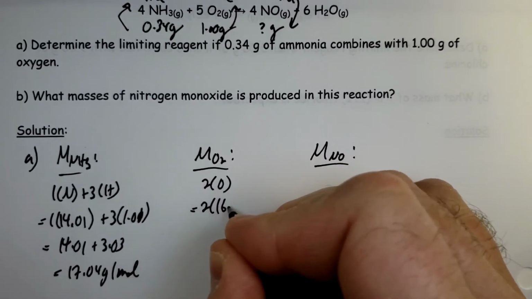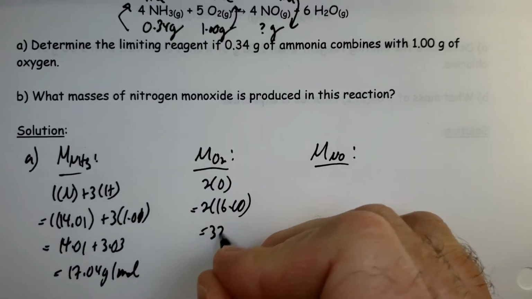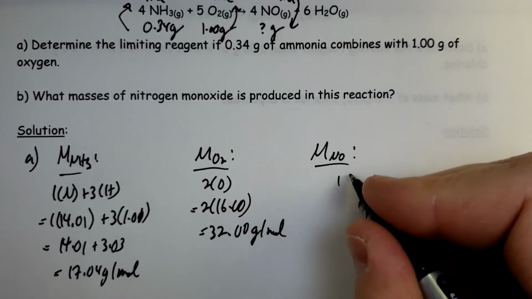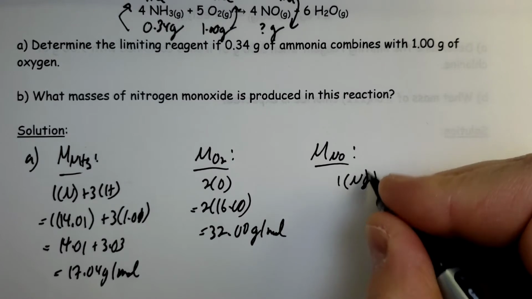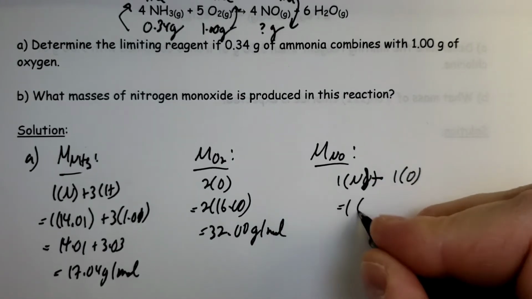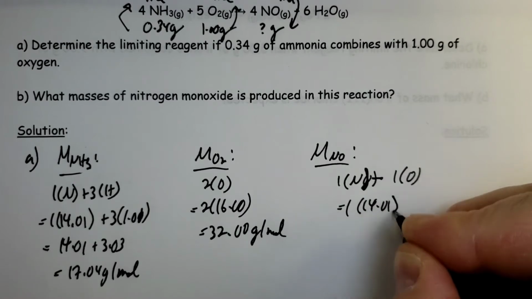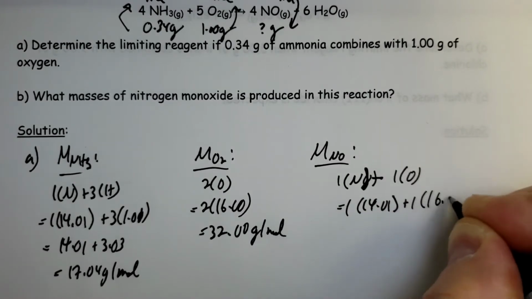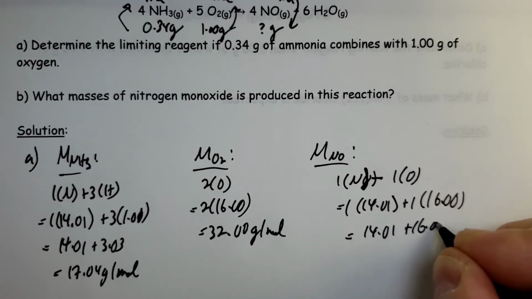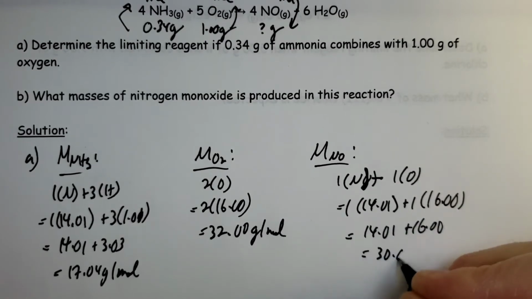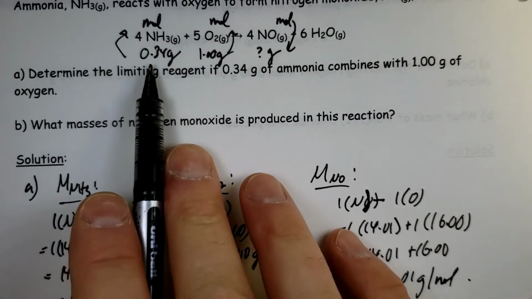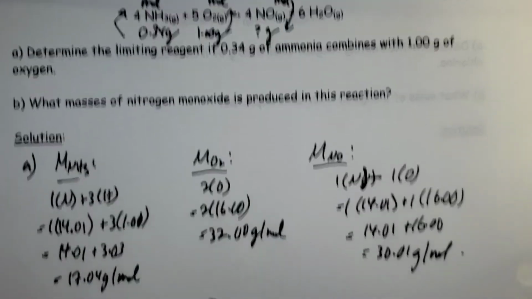Oxygen, I have 2 of them, 2 moles. So that's 32 grams per mole. Nitrogen monoxide, I have 1 of each. So 14, 16, 30.01 grams per mole.